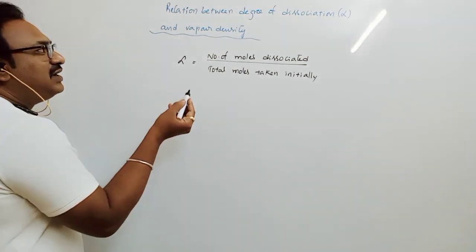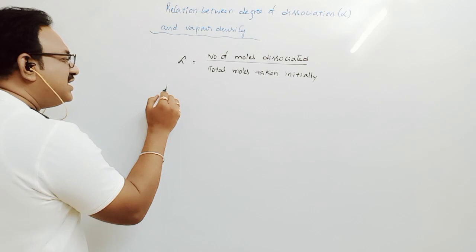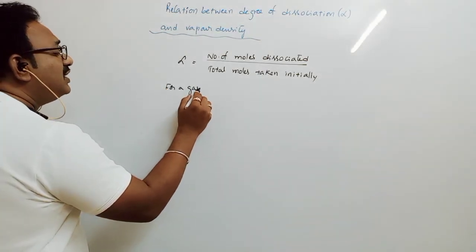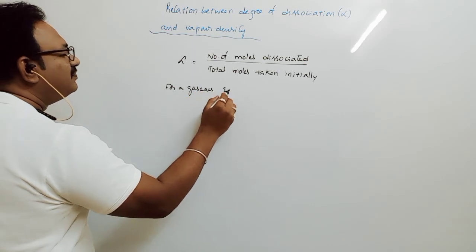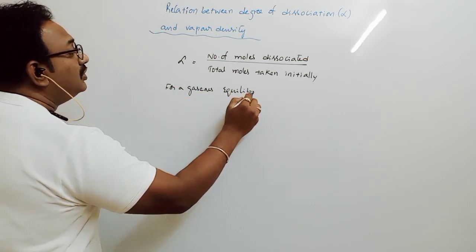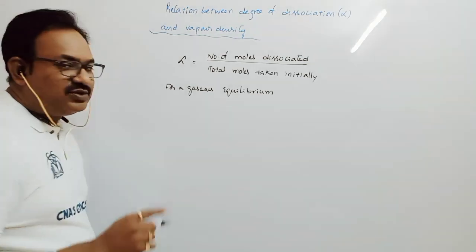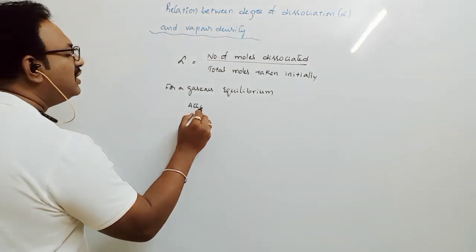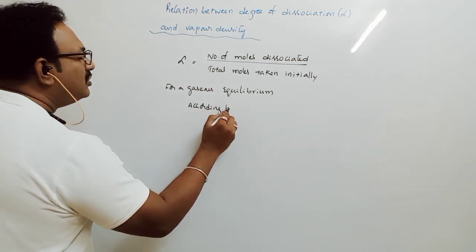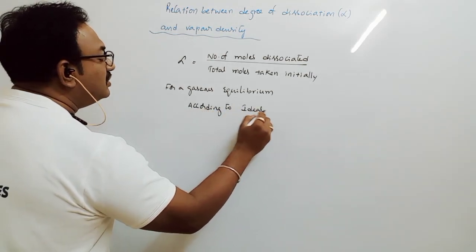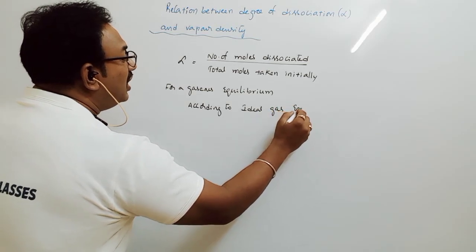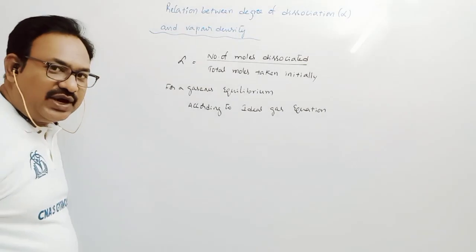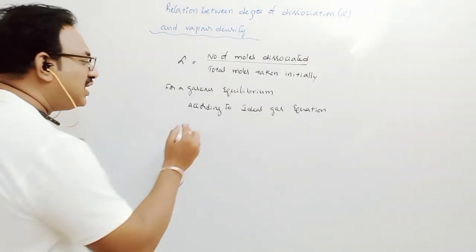Now, if you consider a gaseous equilibrium, just assume a gaseous equilibrium. So gaseous state में है, therefore, according to the ideal gas equation, what do you have to take?